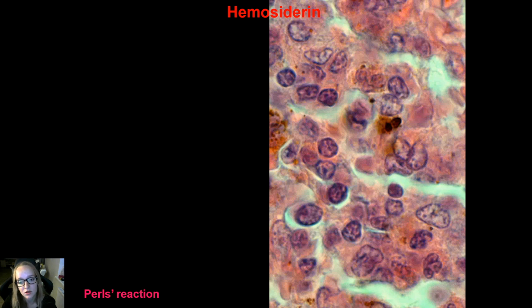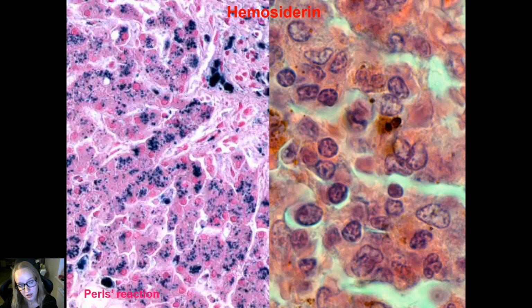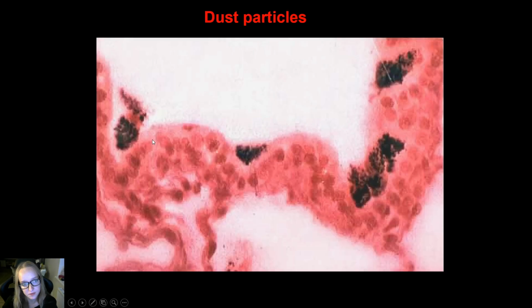So you're going to describe hemosiderin inclusions in the cells in the lungs, and that is pathological. That's why we are learning this. This is very important. You can also see them through Perls' reaction. These are the hemosiderin inclusions, these dark dots here.